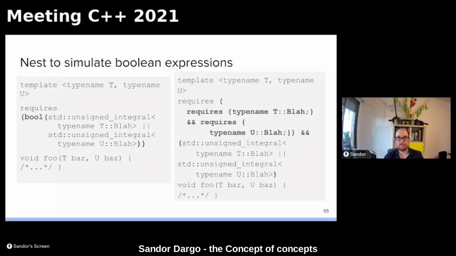It's difficult to understand, or you use some nested requires expressions within this requires clause, where you make sure that both T and U have the blah. It's more readable. So my message is that when you want to use a nested requires, think about it twice. Do you have an easier and more readable way to express it, or is it actually the way which is more readable?